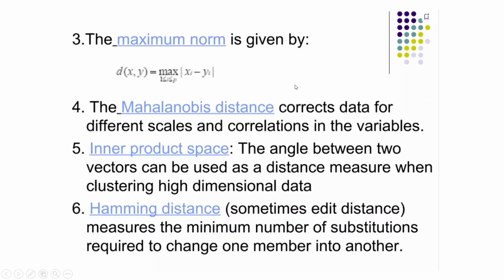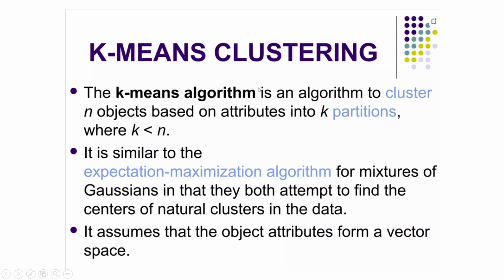Next, k-means clustering is an algorithm to cluster n objects based on attributes into k partitions, where k is less than n. Here in this algorithm, we will be given n objects based on attributes. We divide n objects into k partitions, where the number of partitions should be less than the given objects.